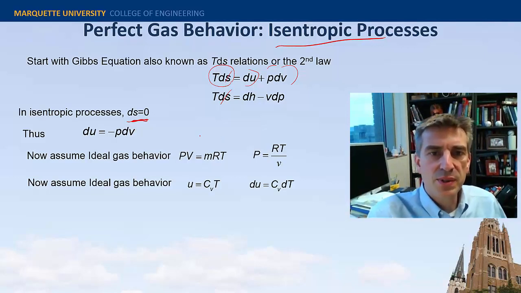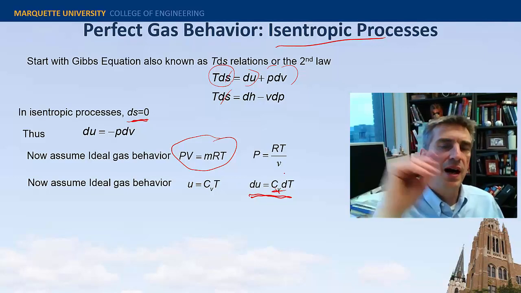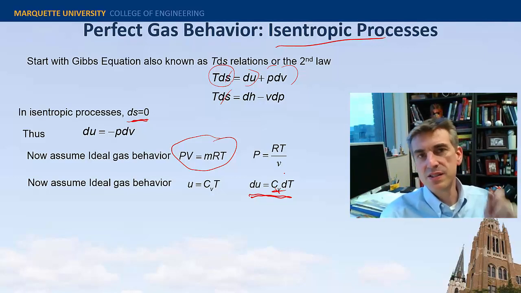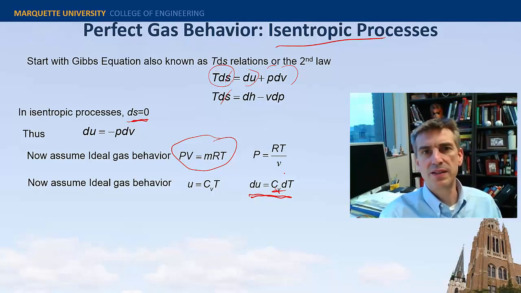So this is the ideal gas relationship, and a perfect gas is really this relationship right here. Notice I took d by dT of both sides of this and rearranged, and I pulled this v out. I'm not taking the derivative of v with respect to T, so that means it must be a constant, and that is the perfect gas assumption, that the specific heat is a constant with respect to temperature.